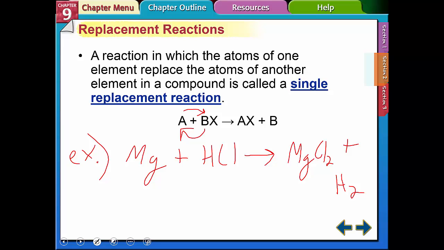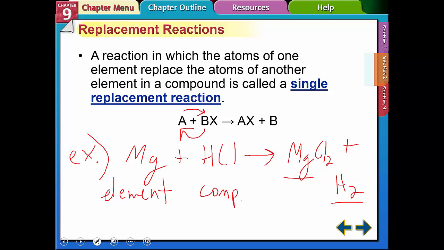Okay, so a single replacement reaction, you always have an element, in this case magnesium, reacting with a compound to produce a new compound and a new element. Okay, so that's a giveaway for a single replacement reaction.